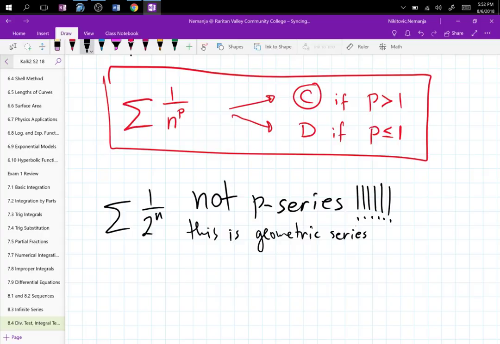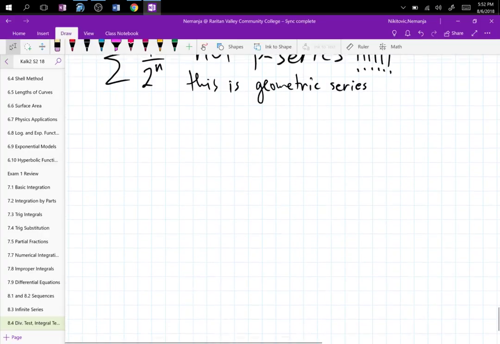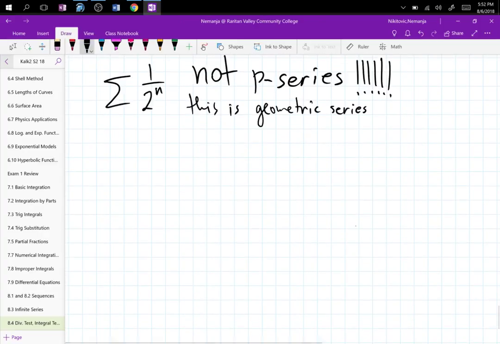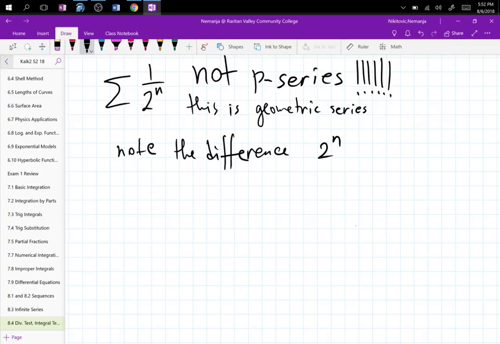It's geometric, guys. So please, please, please note the difference between 2 to the n and n squared. All right? So note that difference. One is exponential, the other one is polynomial.